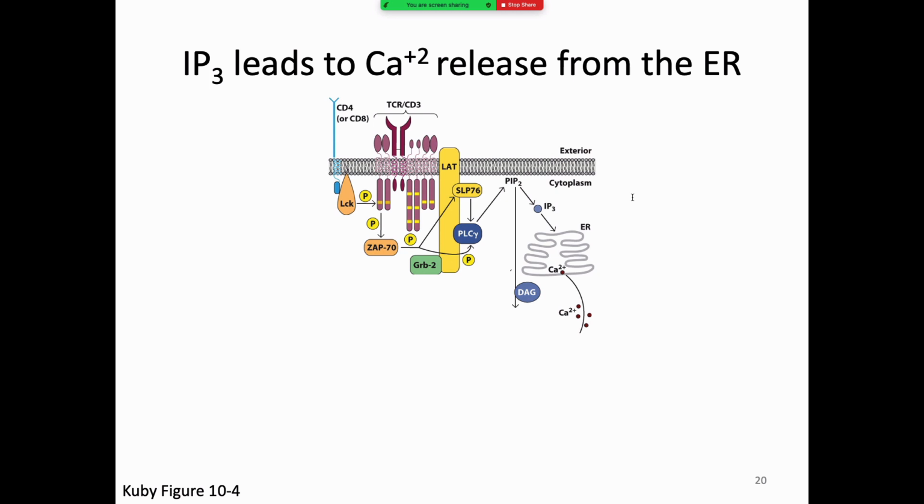will be made with the cleavage of PIP2, and IP3 will lead to calcium release from the ER. Normally, your cell keeps all of the cytoplasm free of calcium.